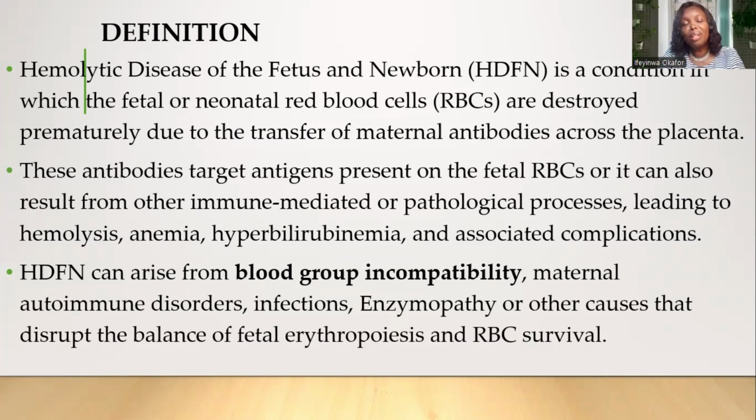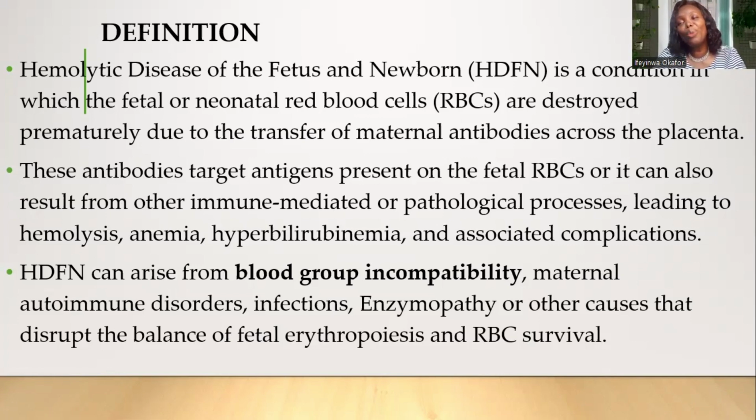It can also be the maternal autoimmune disorders or infections. Even other infections like malaria can cause red blood cell hemolysis in the fetus. And also enzymopathy like G6PD deficiency and anything at all that can disrupt the balance of fetal erythropoiesis or red blood cell survival in the fetus can actually cause hemolytic disease of the fetus and the newborn.